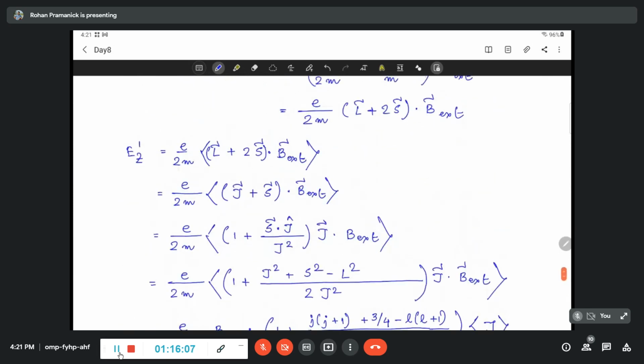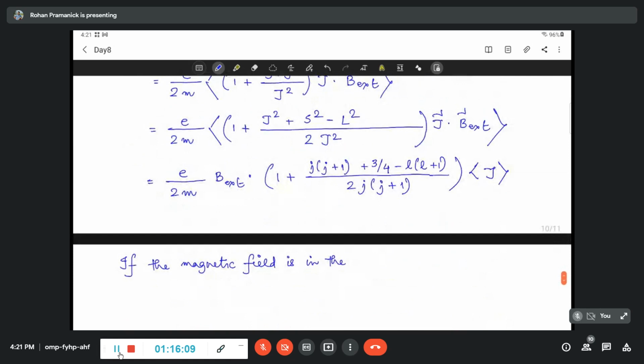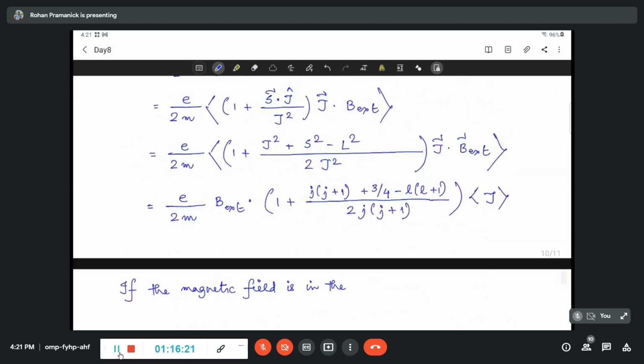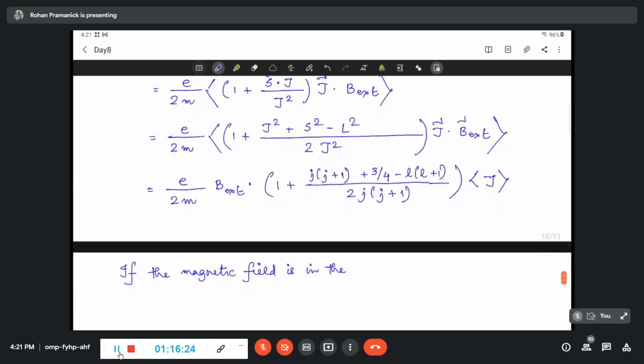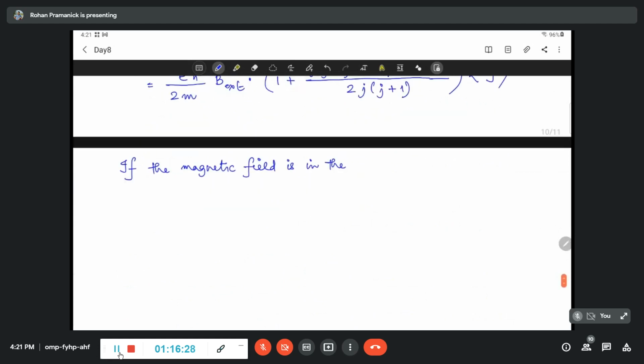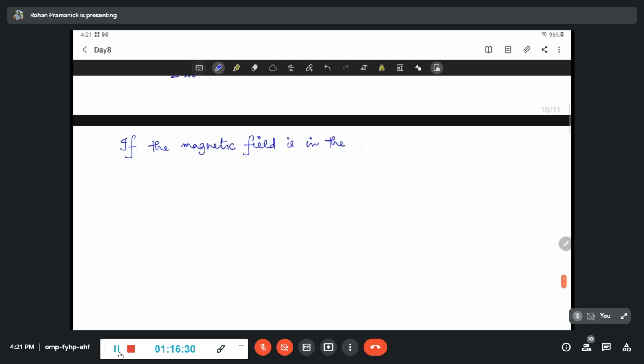So now you didn't tell me there will be some h-bar squared, right? h-bar or h-bar squared, something like this. I messed things up or no? Nothing. Yes, there is an h-bar squared, right? While putting the eigenvalues, the magnetic field is in the Z direction.